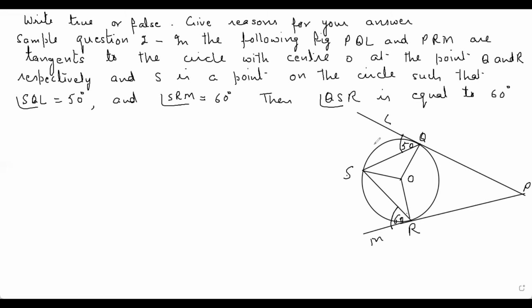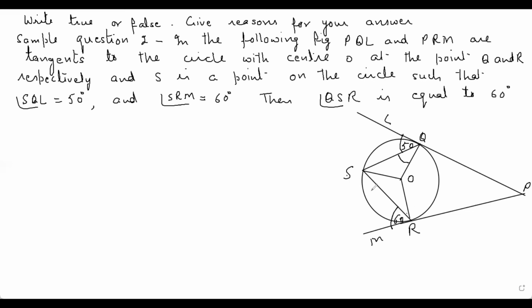So verbally, let me explain how we are going to do it. Now OQ is perpendicular to LP. You know, radius is perpendicular to the tangent at the point of contact. It means if OQL is 90 degrees, then OQS, this angle, will be 40 degrees. Similarly, OR is perpendicular to MP, and it means ORM is 90 degrees.